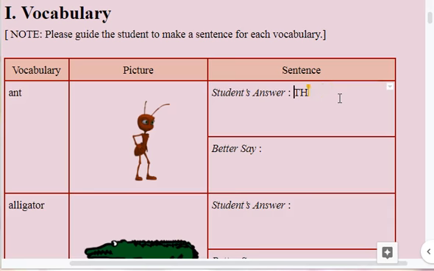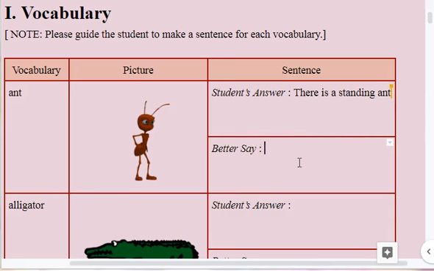Okay, can you read your example? There is a standing ant.